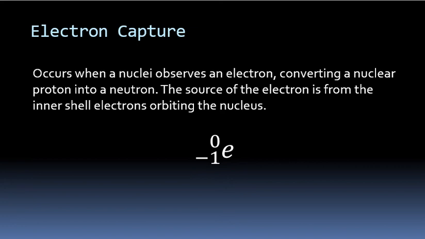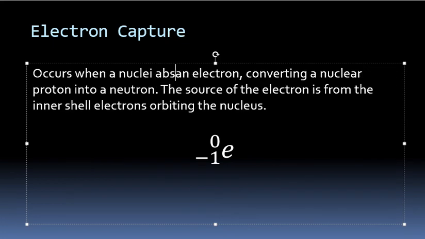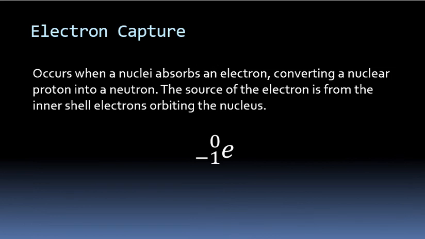This is essentially when a nuclei absorbs an electron, converting a nuclear proton into a neutron, or effectively one of the inner shell electrons of that nuclei collides with the nucleus and essentially fuses with a proton, ergo forming a neutron.